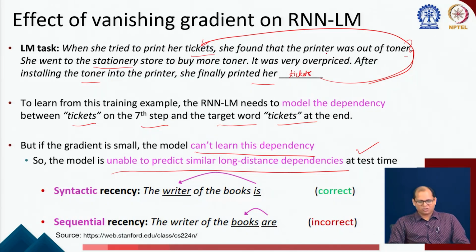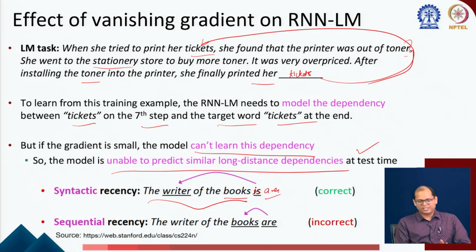And this is another phenomenon called syntactic recency versus sequential recency. Many times I've seen students make this mistake while writing. You have "the writer of the books" and you have to fill in this blank. You will typically use "are" because of sequential recency: the previous word was plural, so you typically end up writing "are".